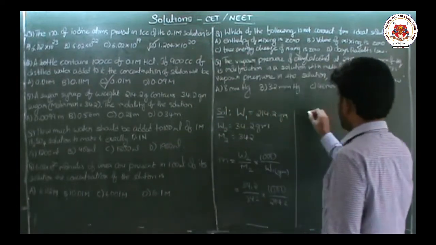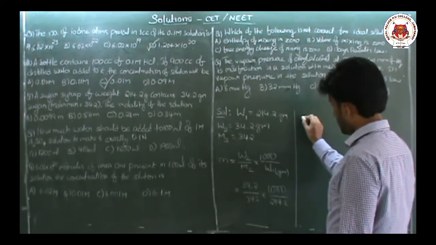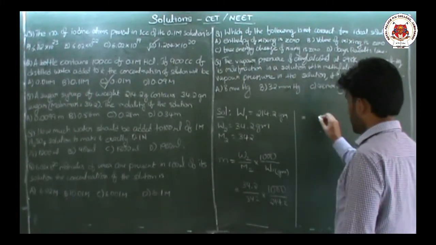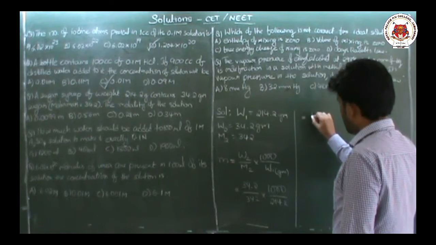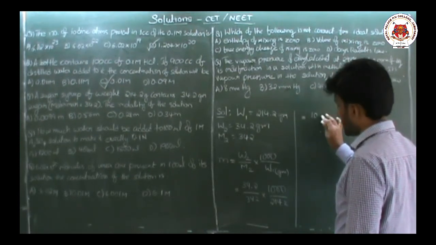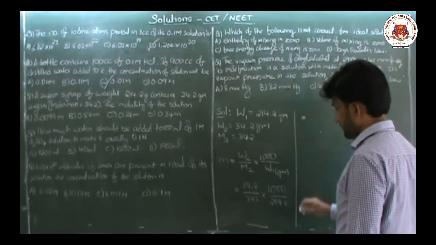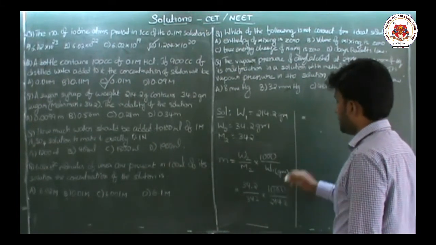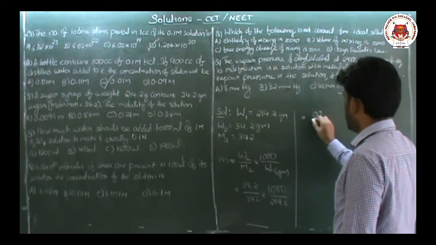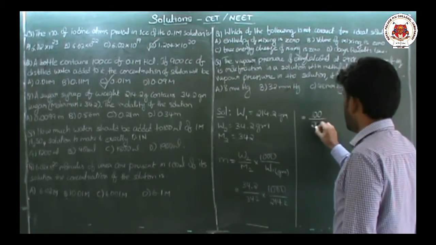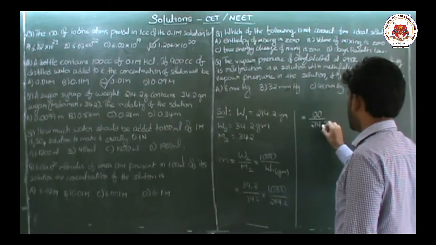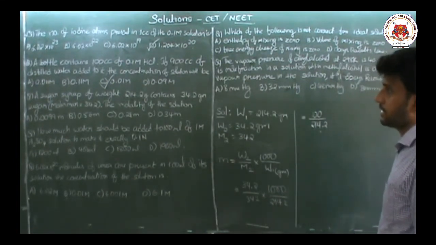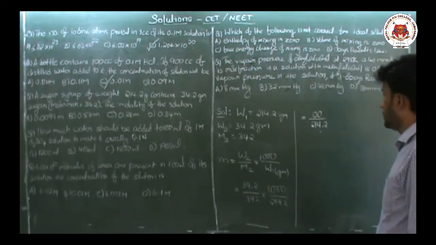Now this will be equal to, let's take this one like this, into 10 power minus 1, this will get cancelled, no? So this will be 100 divided by 214.2. So 100 divided by 214.2.